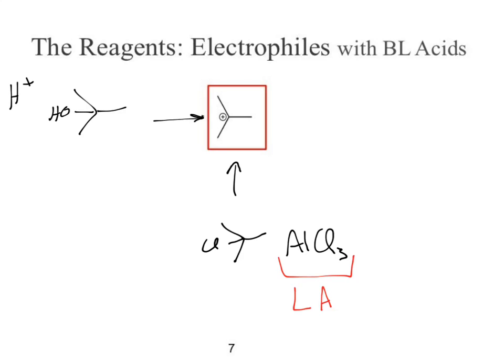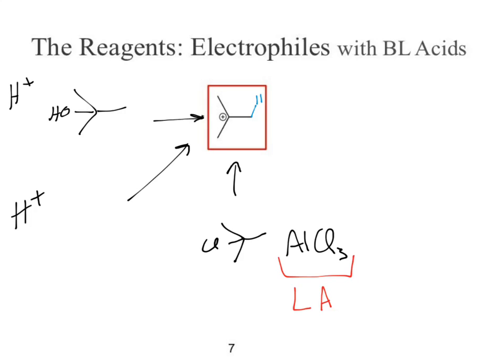How else can we get a positive charge? Where's that hydrogen in the product? So in Josh's option, we put that hydrogen on the oxygen to make a leaving group. Leaving group left, we've got our carbocation. Is there another way that we could add hydrogen to a structure?